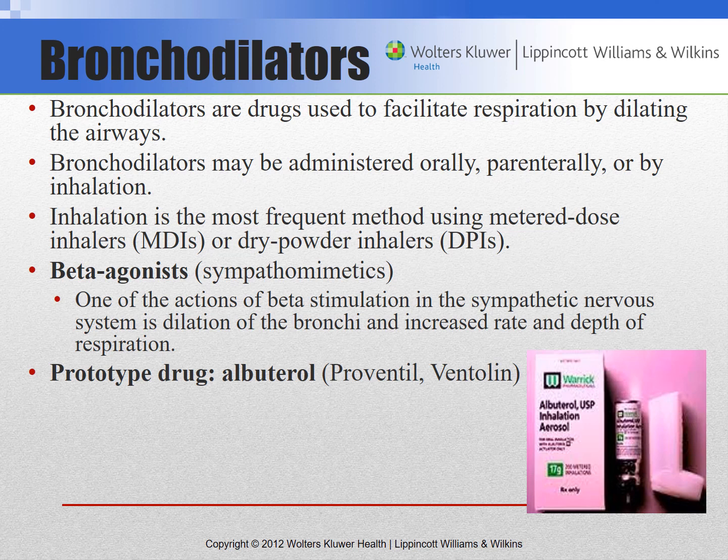If they are given in higher doses, or they're not held to that therapeutic level, given a higher than normal number of treatments, then you lose some of that ability and you actually will get some beta stimulation elsewhere.